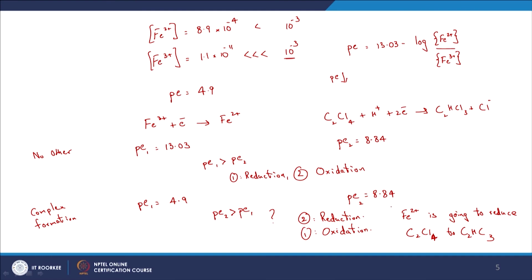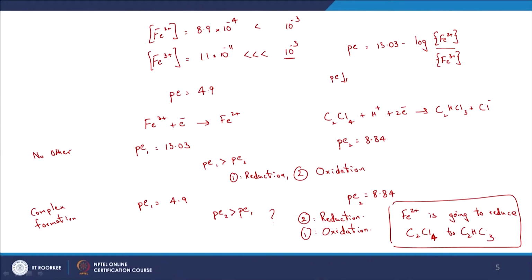So here you see that Fe2+ is actually going to try to reduce C2Cl4 to C2HCl3, right.